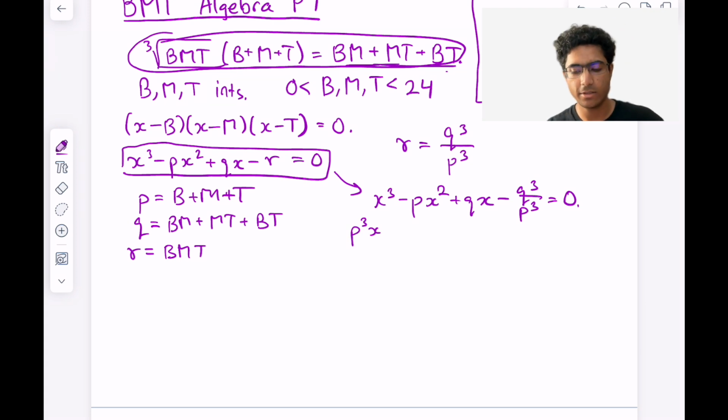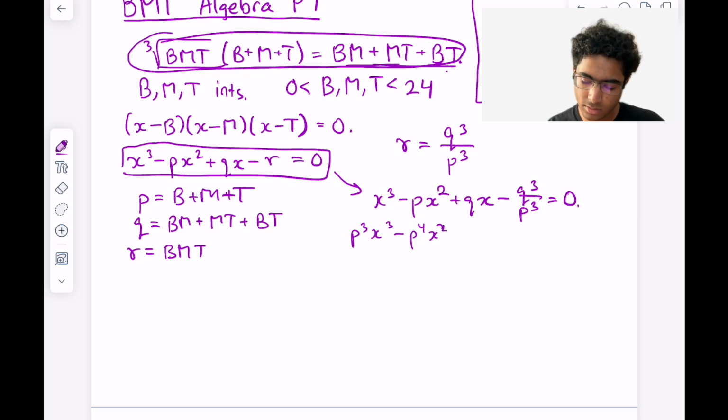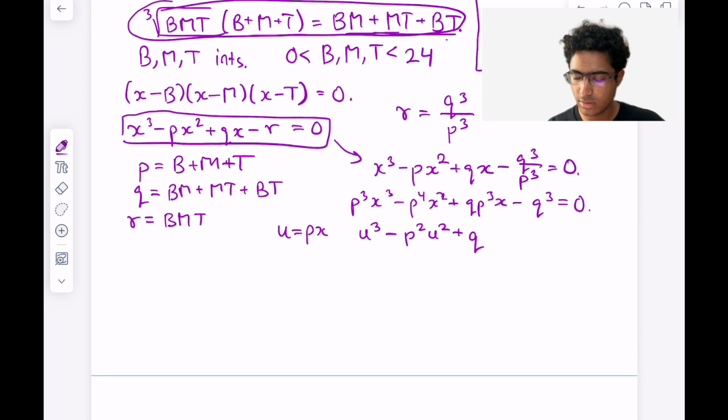We multiply by p cubed on all sides. Then we use a change of variables, u equals px, to get the following. Let's see if we can try to factor this.